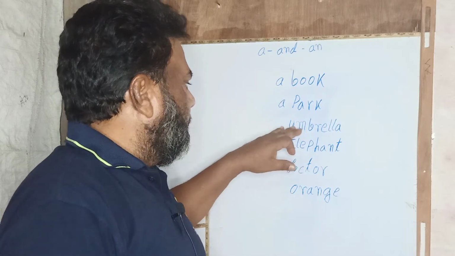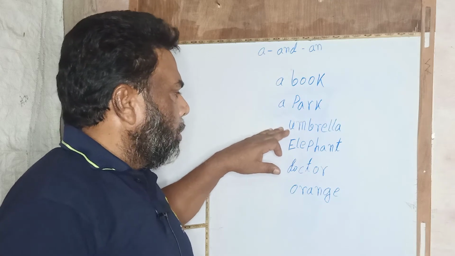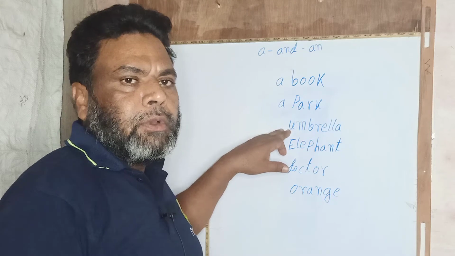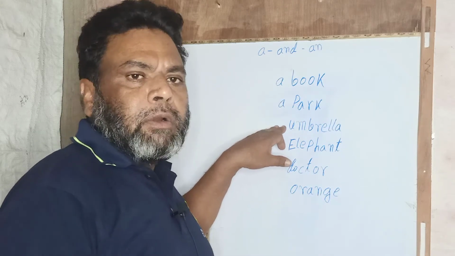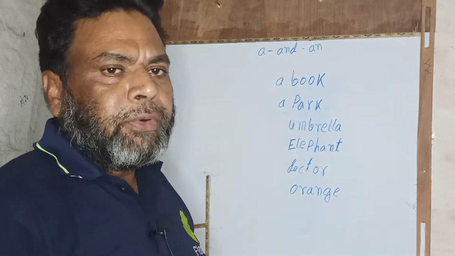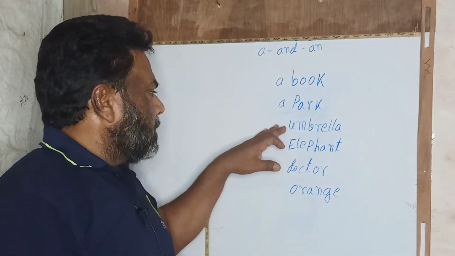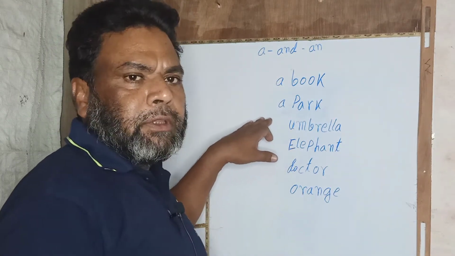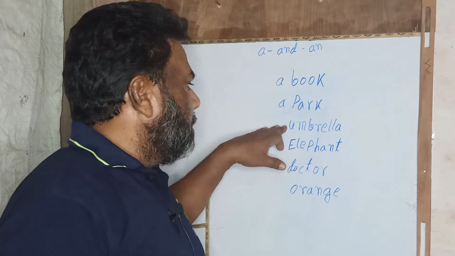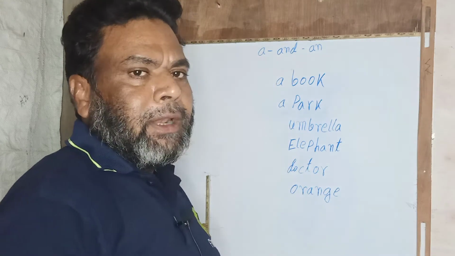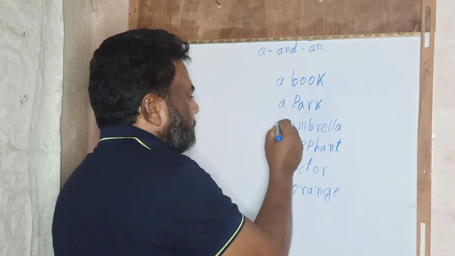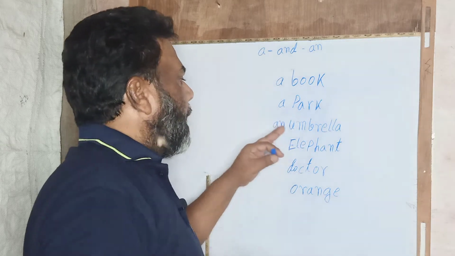Umbrella starts with the letter U, and you know U is a vowel. So before a vowel we use an. Here also we use an umbrella.